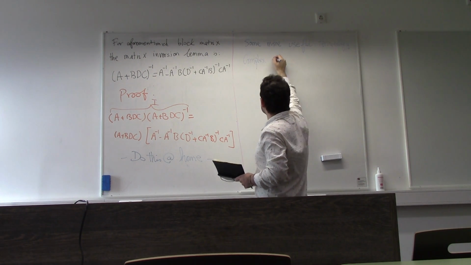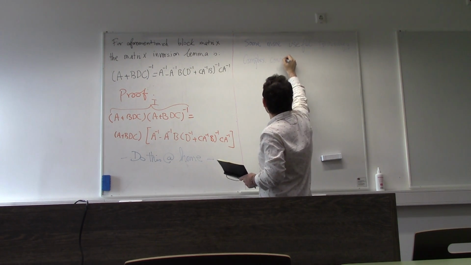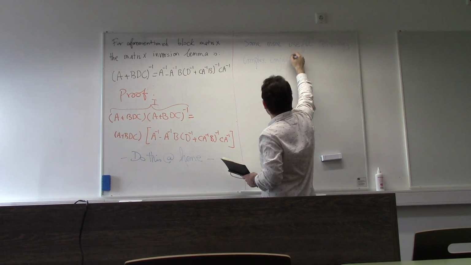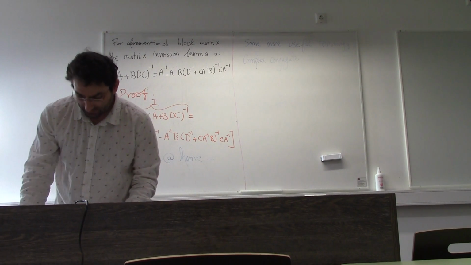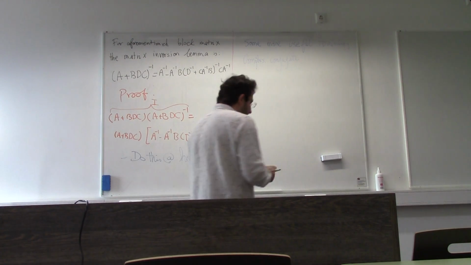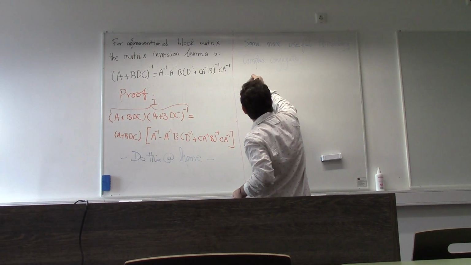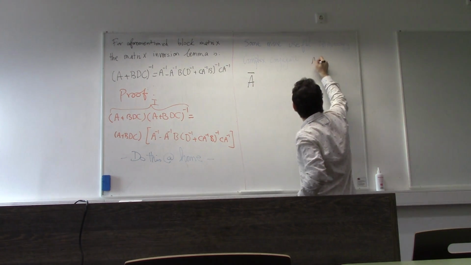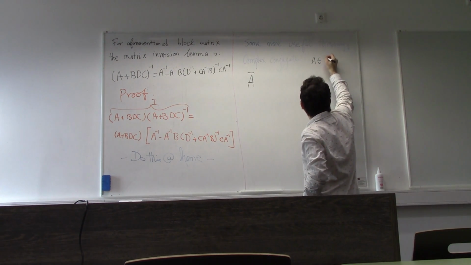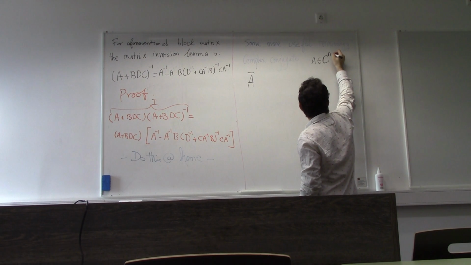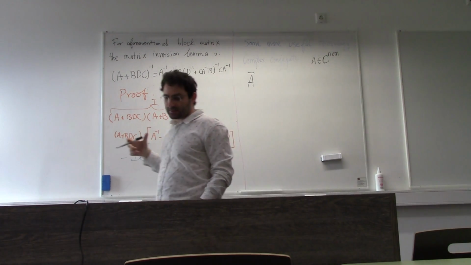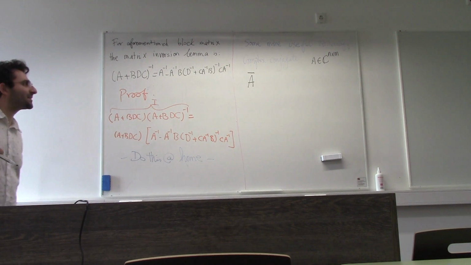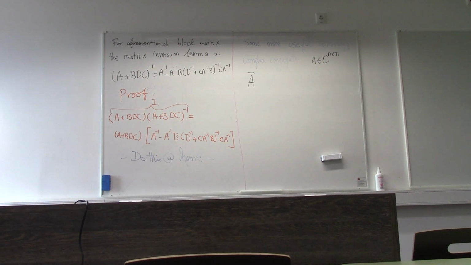The first thing is the complex conjugate of a matrix. If I have a matrix that belongs to C n by m, so it's a complex matrix, and I say that this matrix has been conjugated, what does it mean?